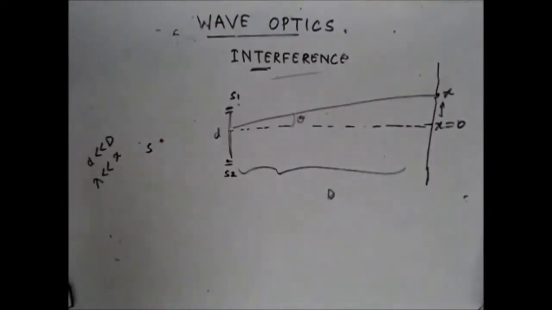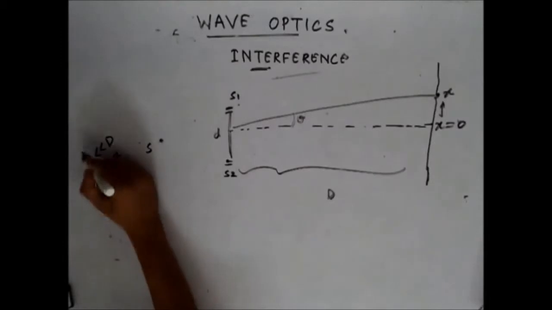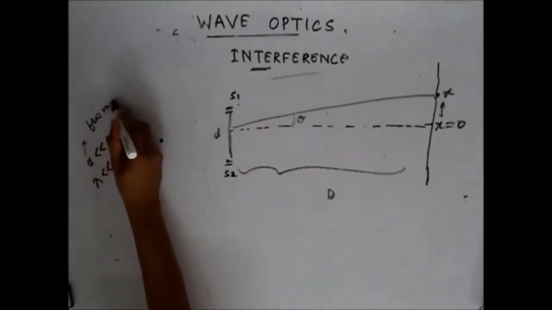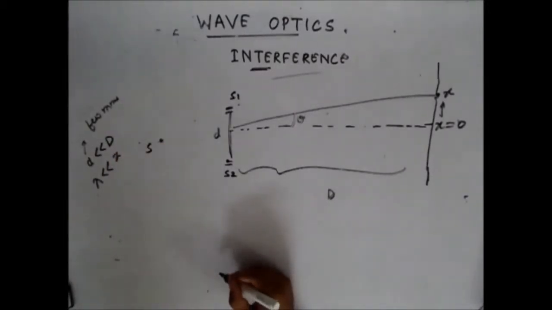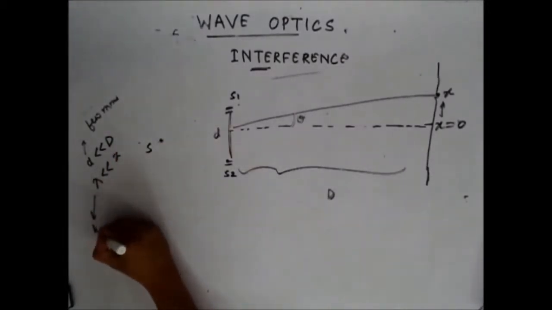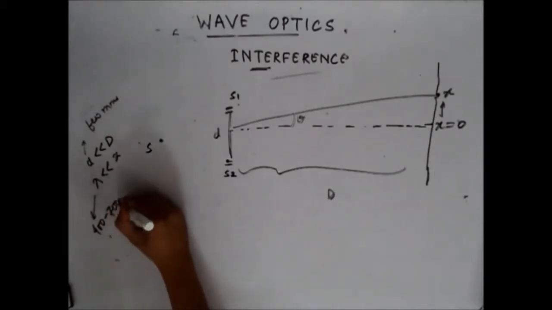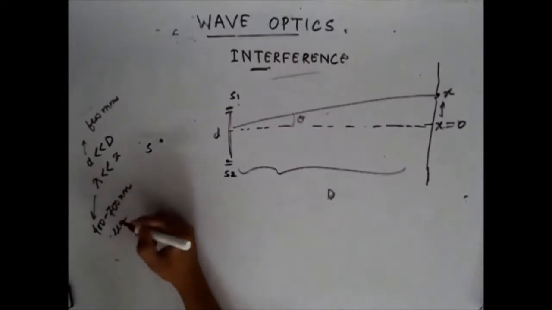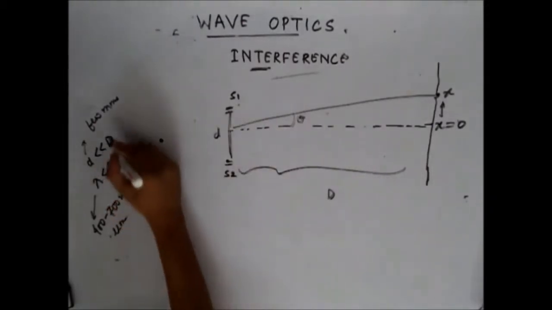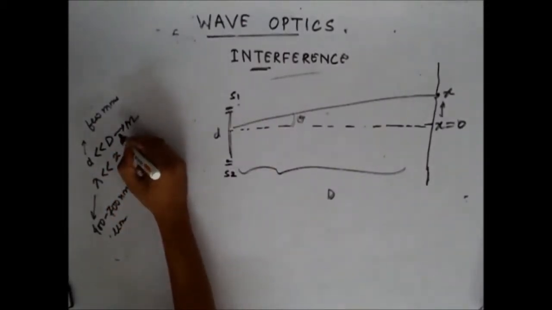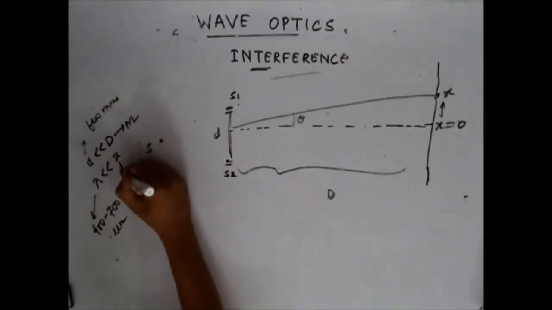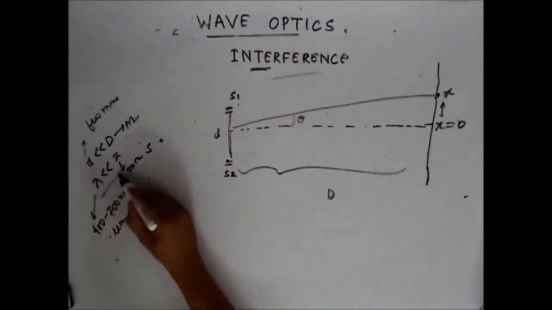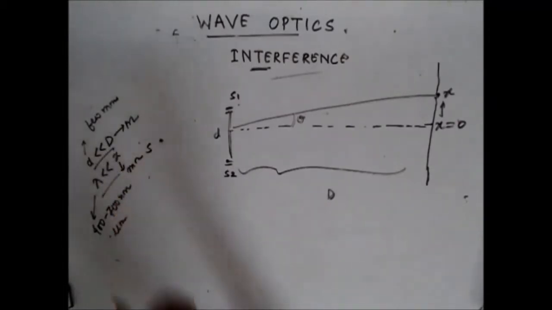Generally d is a few millimeters, lambda for light lies between 400 to 700 nanometers, capital D is in meters and x is a few millimeters. So you can see that both conditions are satisfied.